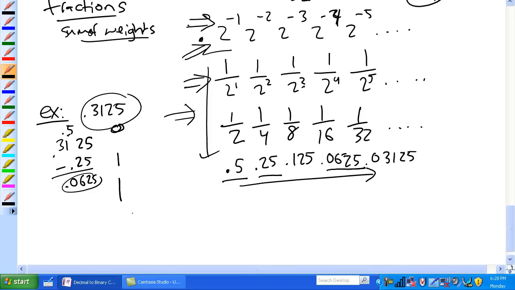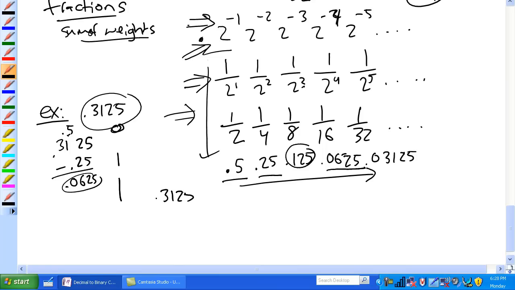So how can we reassemble this? Oh, I figured it out. I skipped this guy here. Of course, there's no 0.125. Sorry about that. Let's do this over.